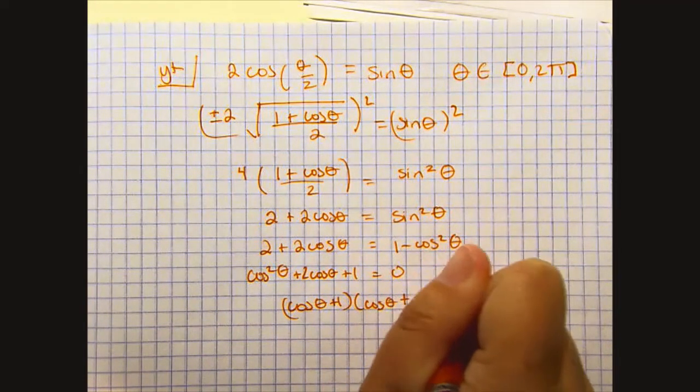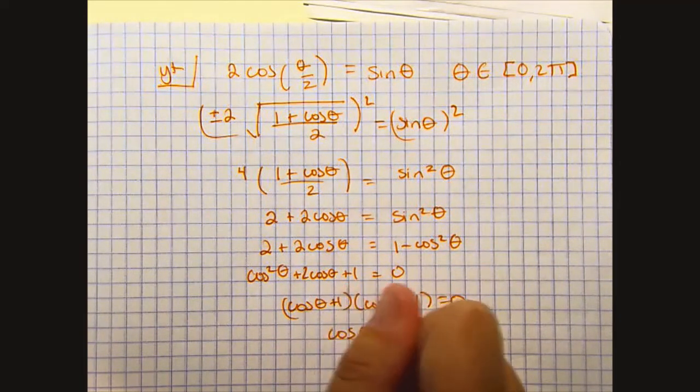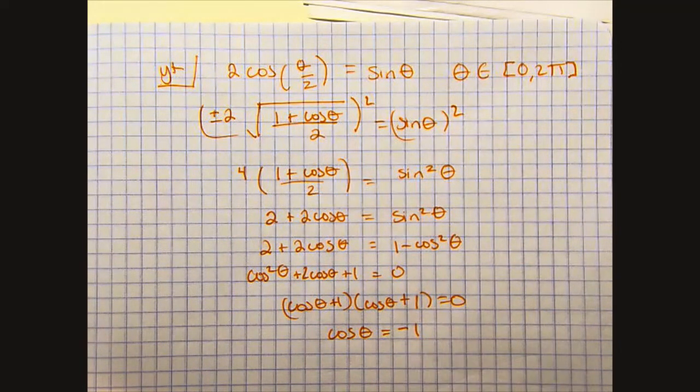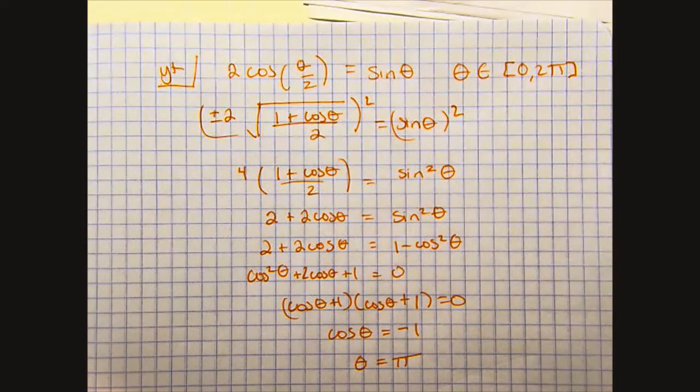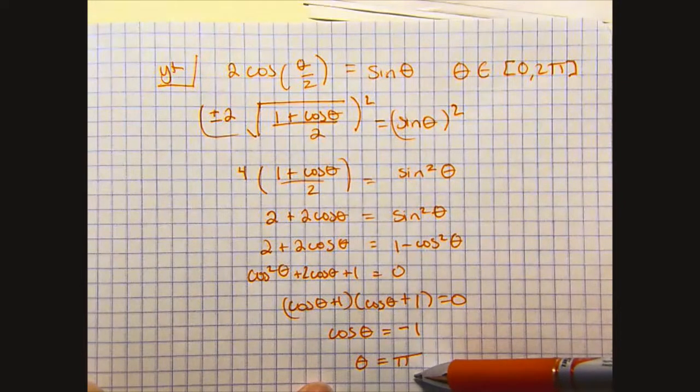Plus 1 equals 0. So cosine of theta equals -1, and theta equals pi. And then we squared, and remember when we square, we care, so we've got to check. Since there's only one answer, chances are good it's good.